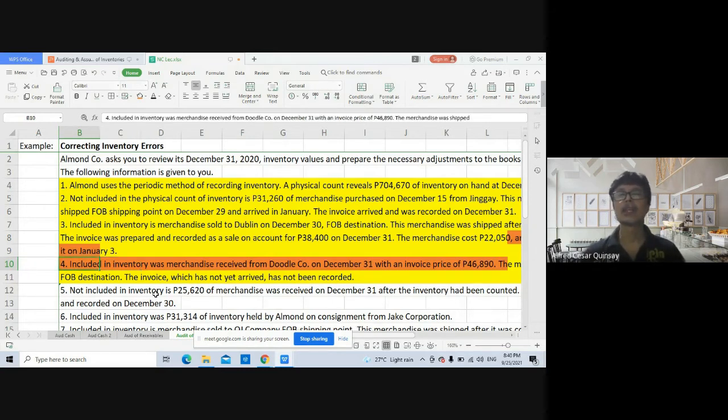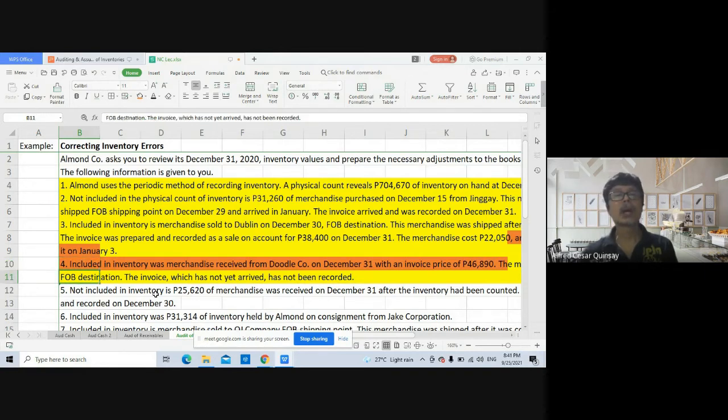Now, in this given example, no, the merchandise was shipped on December 31 and it was already included. So therefore, it already reaches destination on December 31. So as of that cut-off date, no? Okay, so we recorded already the merchandise, no?